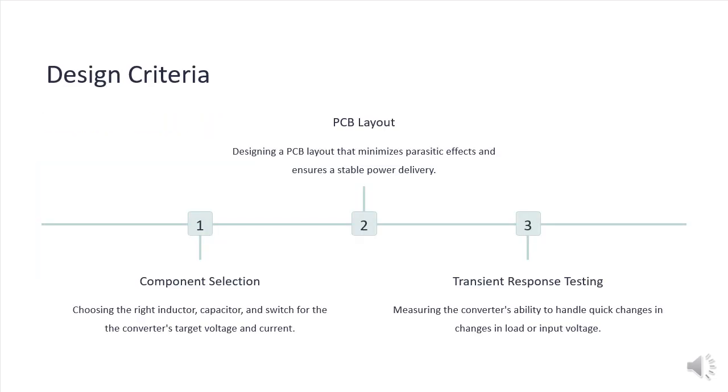And now let's talk about the design criteria. First of them is component selection, which is one of the most important things. You have to choose, for example, the inductor, the capacitor, the switch, and the diode. Which diode you have to choose, and which capacitor or inductor as well. Second, you have to have the right PCB, which is most important for electrical things.